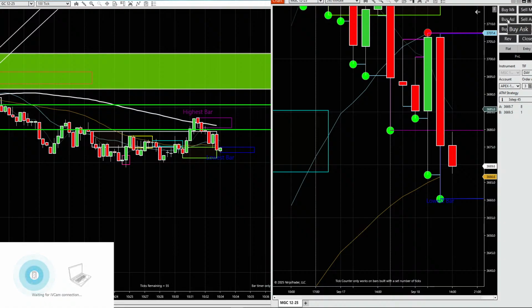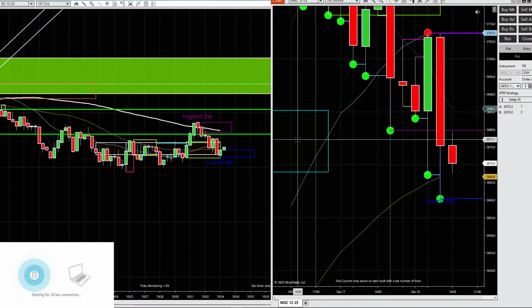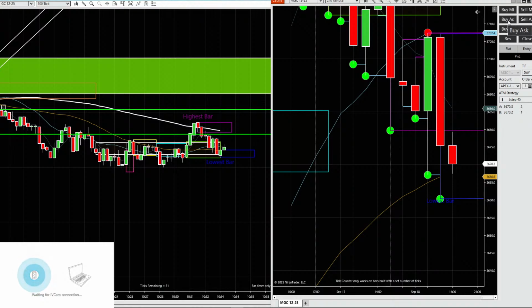Looking bearish again. Could be grabbing liquidity one more time. Okay. Green close. I'd like to see when this bar closes out right here, then another one with a wick in between.